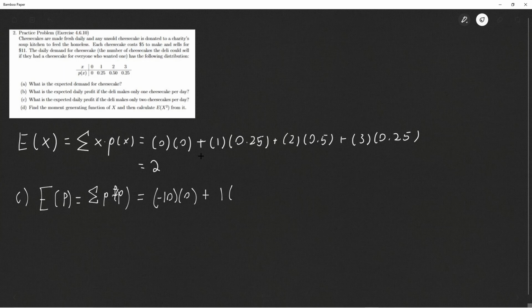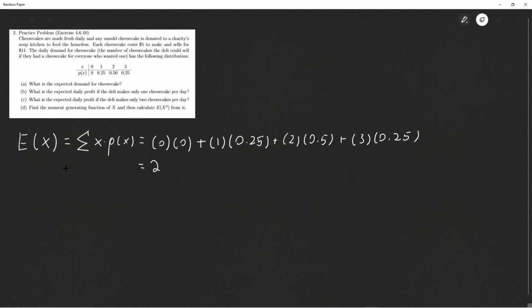However, since this one's a little bit different because we could get 1 or 2 cheesecakes, there's only a 0.25 chance of selling only one cheesecake, plus 12 as our profit multiplied by 0.75, which will give us our expected profit if we only made 2 cheesecakes as 9.25.